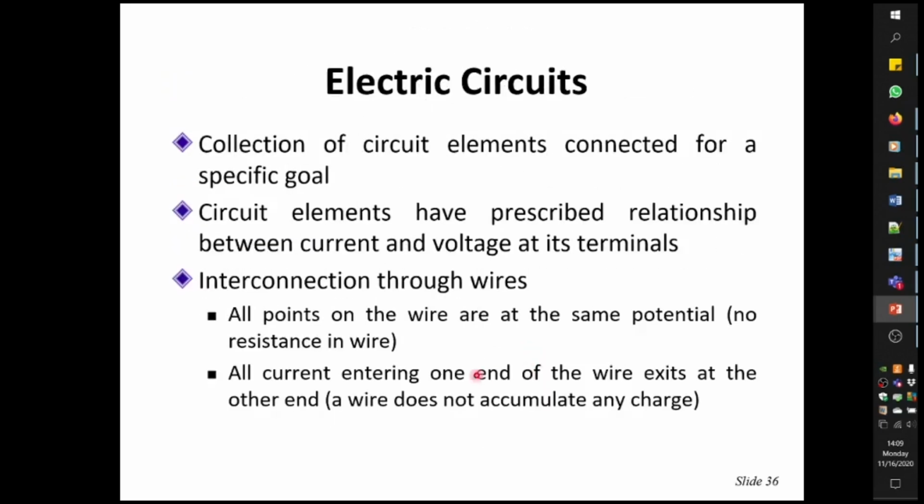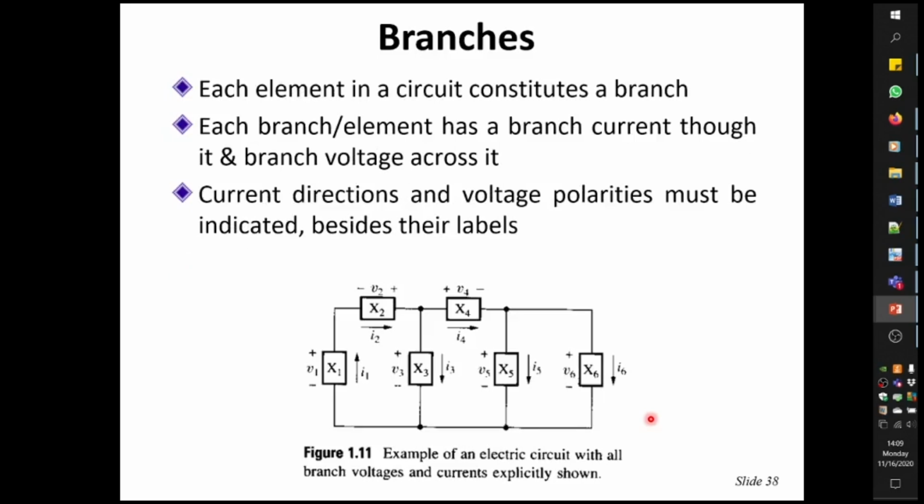Then the other point: all current entering one end of the wire exits at the other end. In other words, a wire does not accumulate any charge. This fact is also violated in high frequency circuits. For instance, in printed circuit boards, such as a motherboard, you will find that we don't place sharp corners.